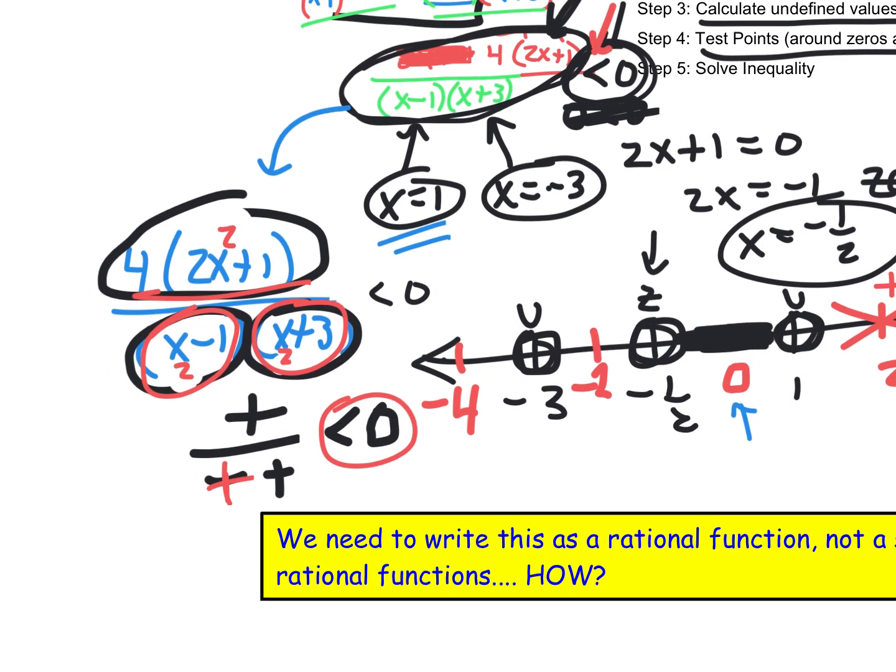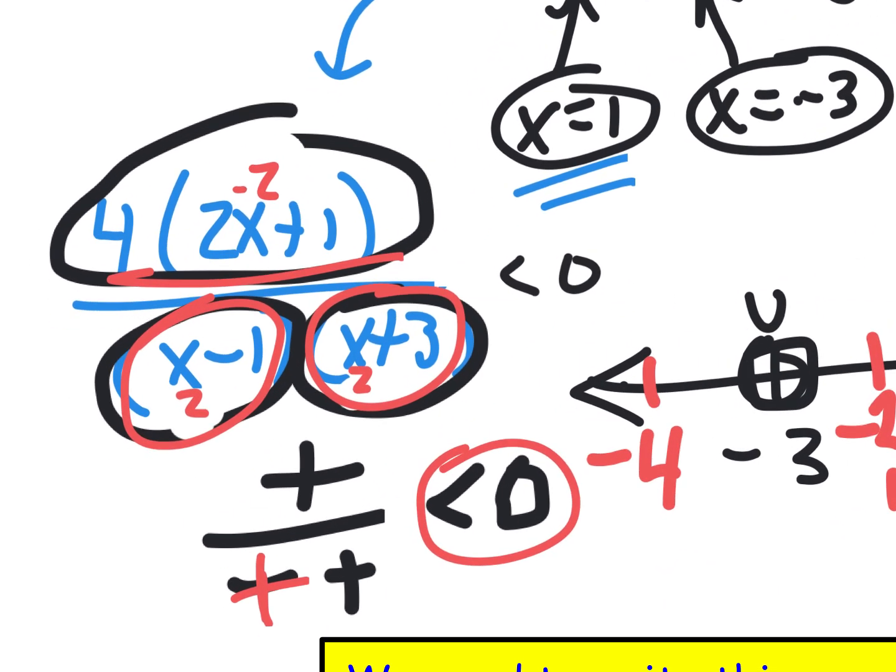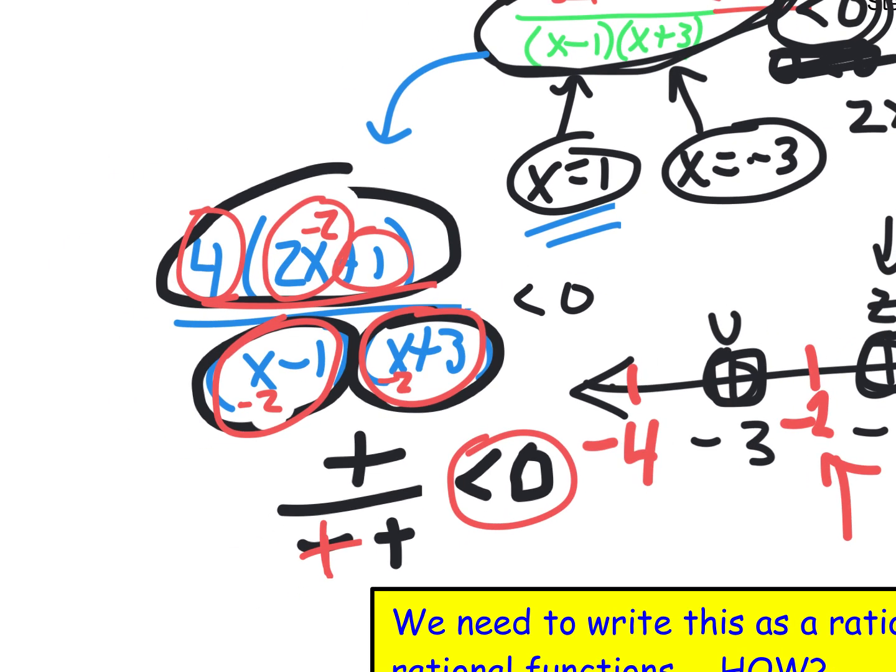All right, next is testing -2. I'm going to go test -2. Easy to forget a negative sign here on all of them. Now this will come out to -4 plus 1 is -3 times 4 is still negative.